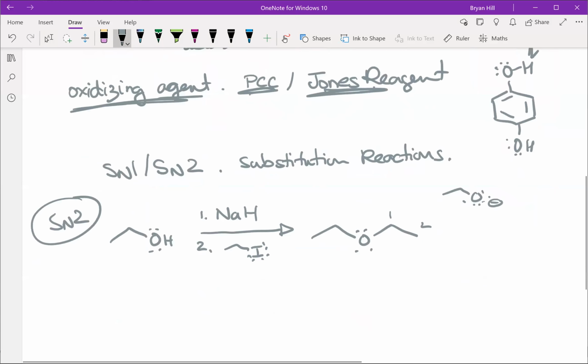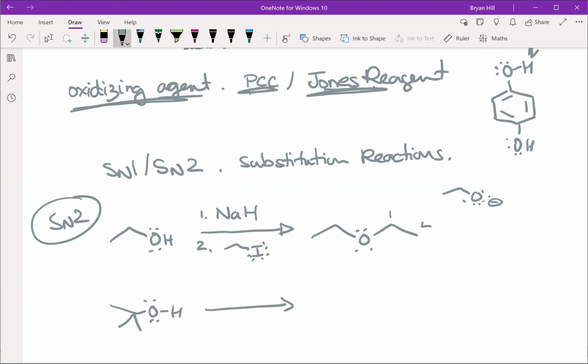For SN1 reactions, what everyone did in the lab yesterday at the school was this. They had HCl, and this made the alkyl chloride through a carbocation, and the leaving group was water.